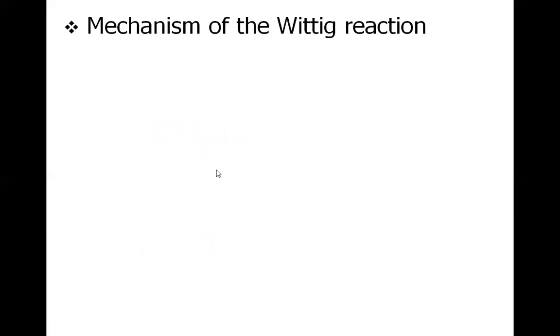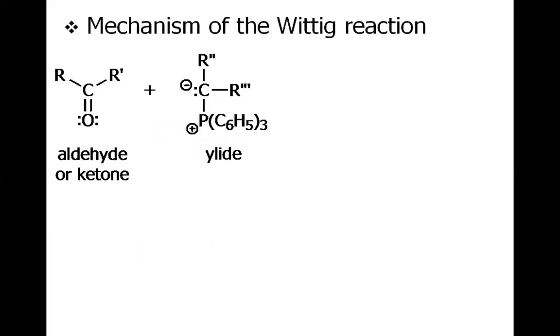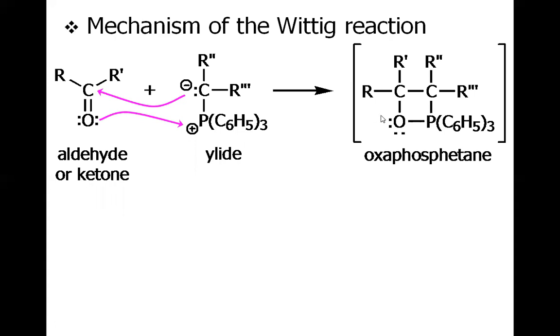Now let us discuss the mechanism. Once we have formed the ylide, we know that this ylide is nucleophilic at this carbon and electrophilic at this phosphorus. So it's a concerted reaction in which this nucleophilic carbon of the ylide will attack this carbonyl carbon, and in return we have the nucleophilic attack from this pi bond to this phosphorus to give a four-membered oxygen and phosphorus containing ring, which is called the oxaphosphetane ring.